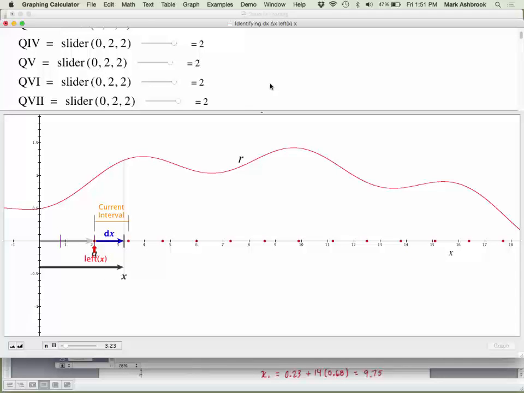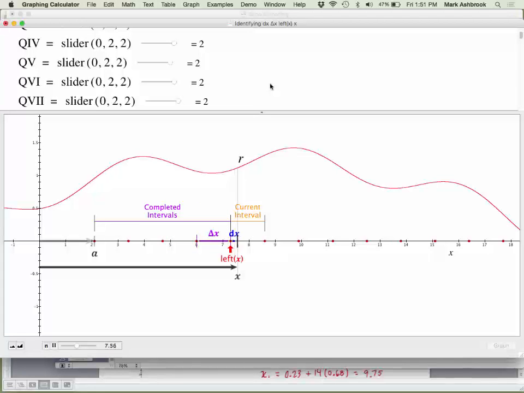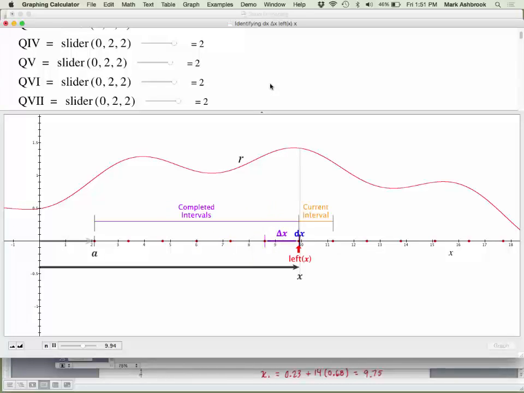It always starts at 1, and that represents the first interval. So here's j equals 1, here's j equals 2, here's j equals 3, here's j equals 4. So j in the summation notation takes on every value from the starting value below the sum to the number of completed intervals.